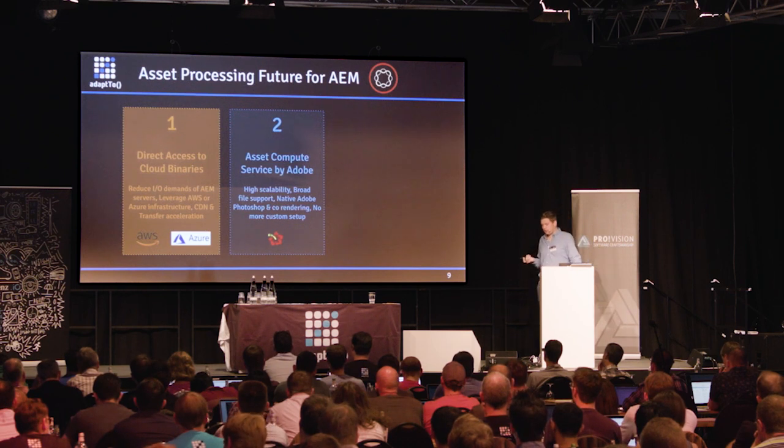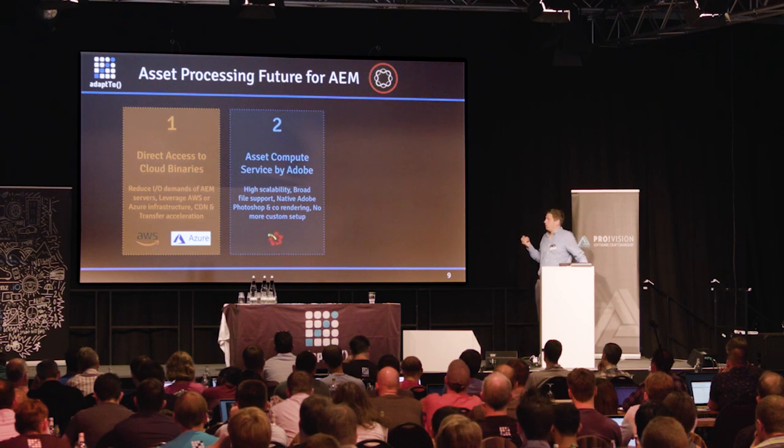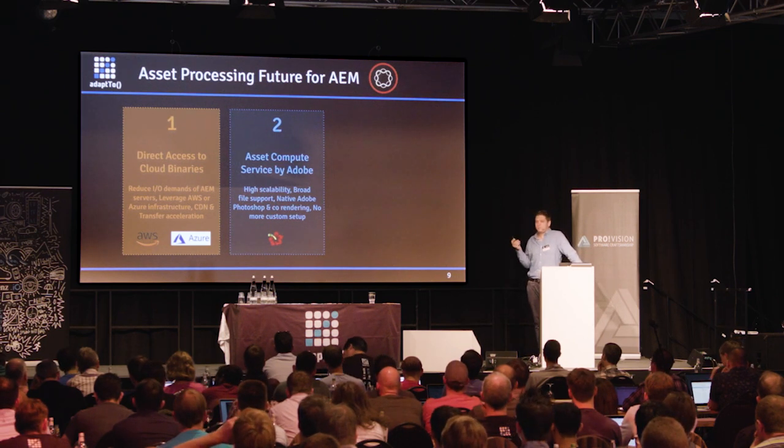And for the second constraint, which was about processing limitations on the JVM, we are building and will provide an asset compute service, that's what we call it, that is a multi-tenant cloud service to do the processing. And it will solve all of these things. It will be scalable.